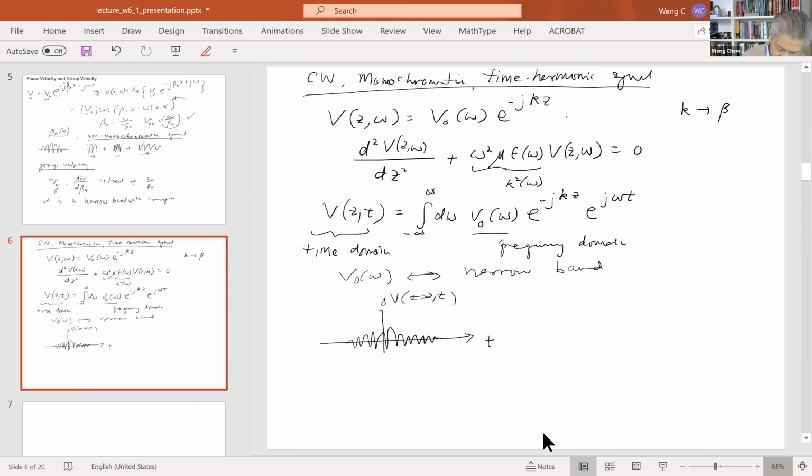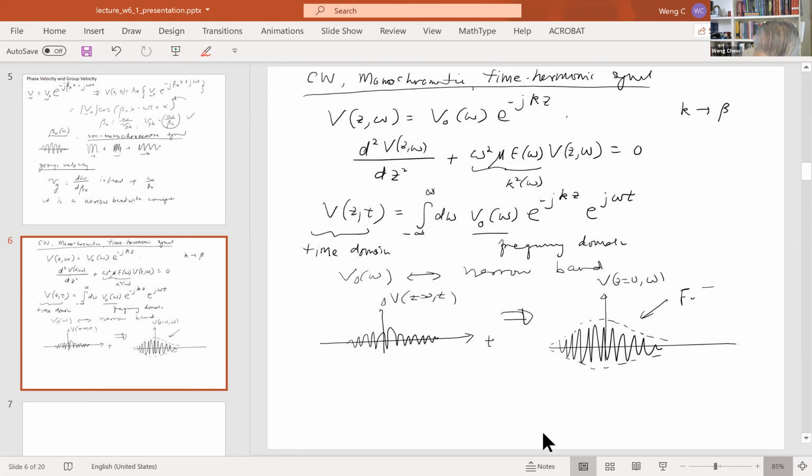It has a beginning and it has an end. And if you were to Fourier transform this and look at what it is like in the frequency domain now, sorry, it will have a narrow bandwidth. This is its Fourier transform.